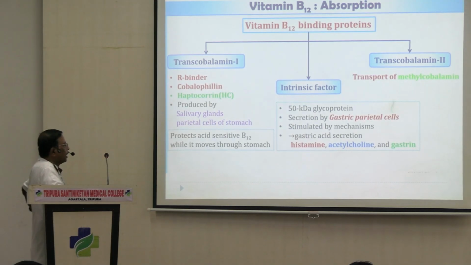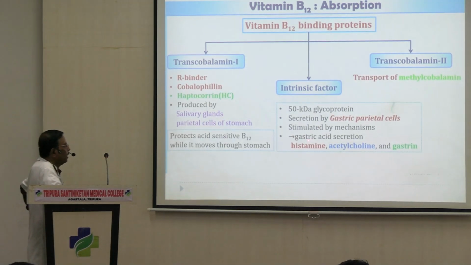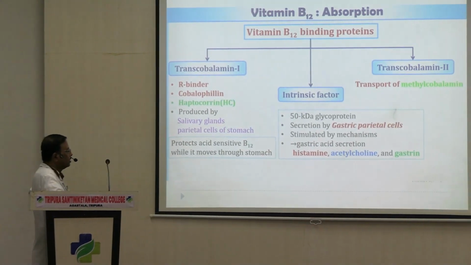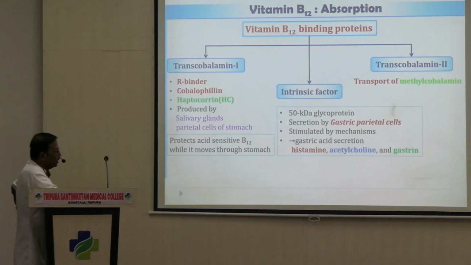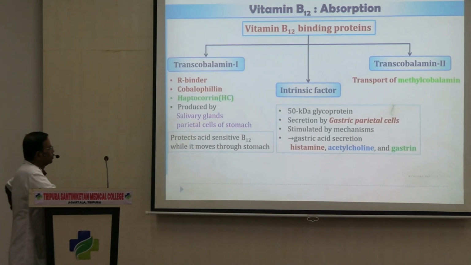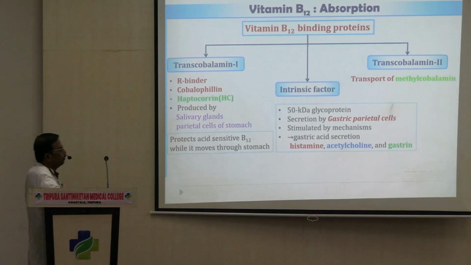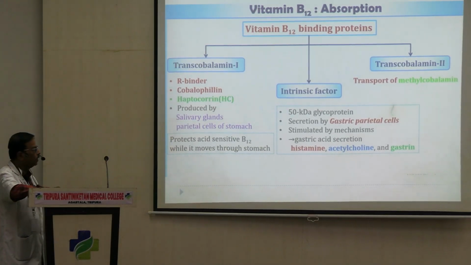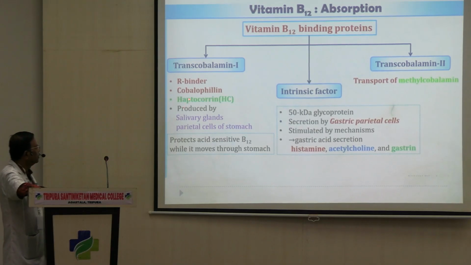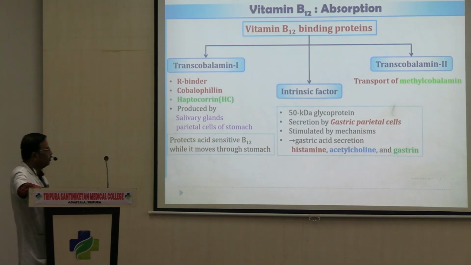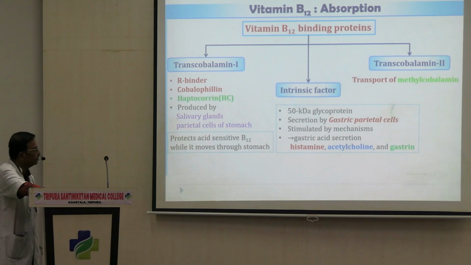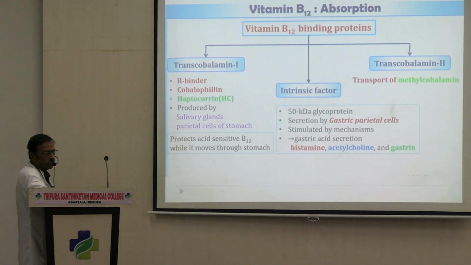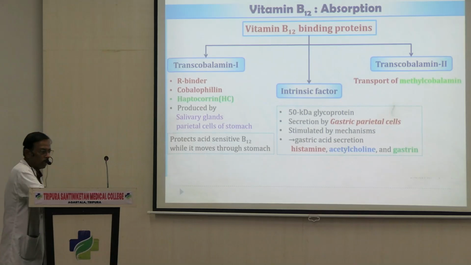Secretion of intrinsic factor by gastric parietal cells is stimulated by the same mechanism which stimulates secretion of gastric acid: by histamine, by acetylcholine, by gastrin. So when vitamin B12 comes to the stomach, it is released from the R binder, and vitamin B12 and intrinsic factor enter the intestine, where vitamin B12 binds with intrinsic factor. Intrinsic factor is very much essential for absorption of vitamin B12.